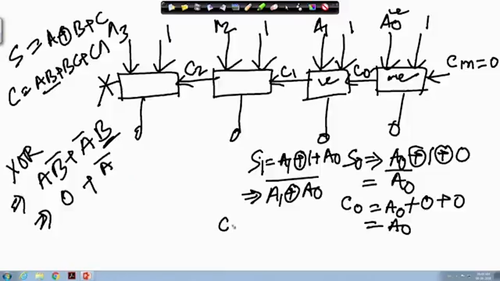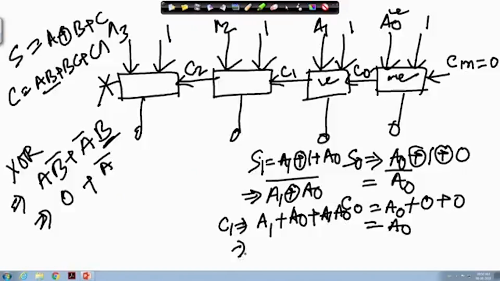So, then again what will be the carry 1? Carry 1 will be A1, AB means A1 plus BC, BC means what? A0 plus CA, CA means what? Here A1 and A0. Okay.